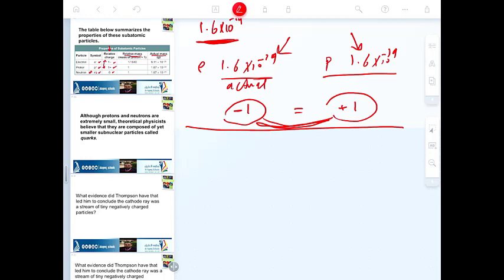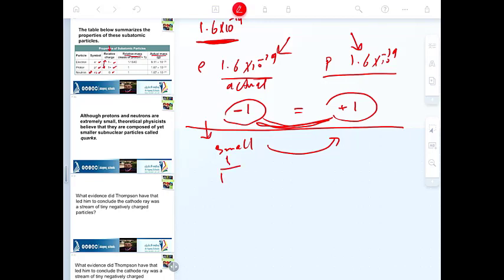Now the mass of the electron is very, very small compared to the proton. I'm talking about mass now, not charge.